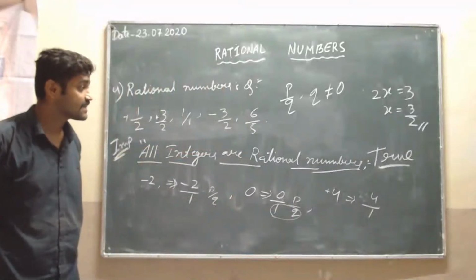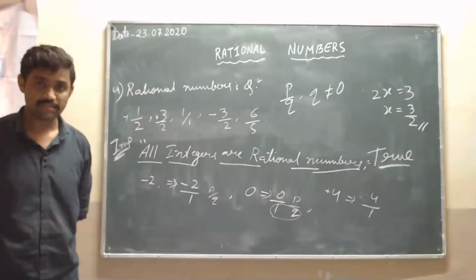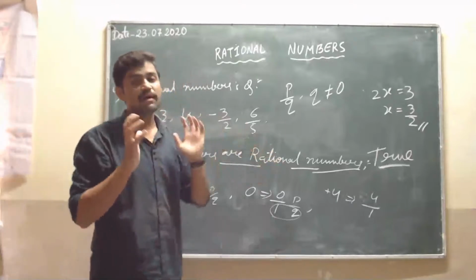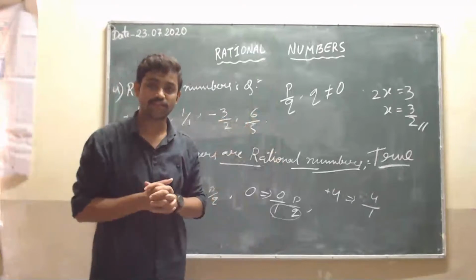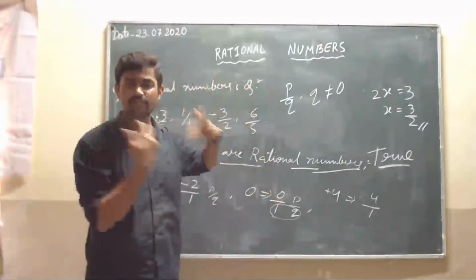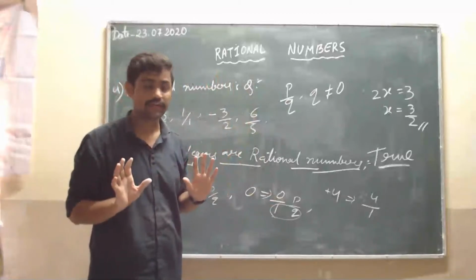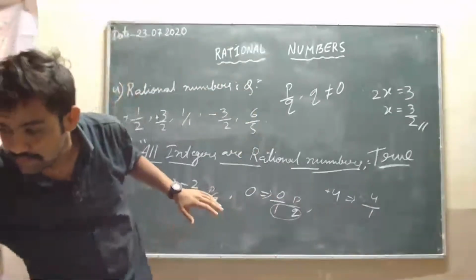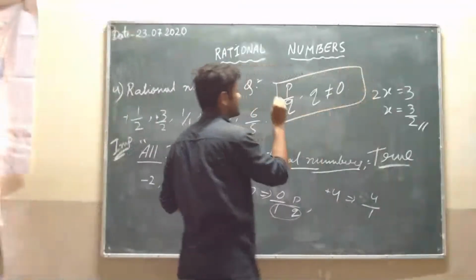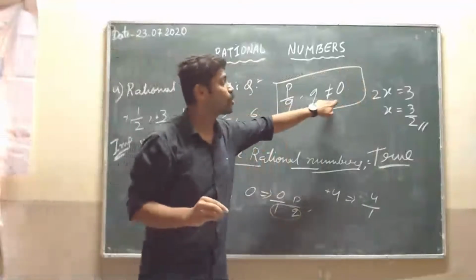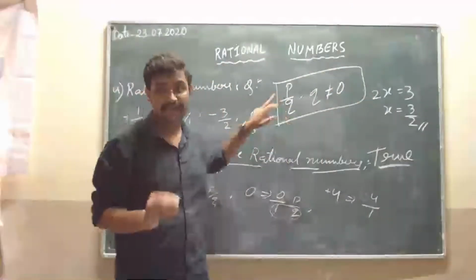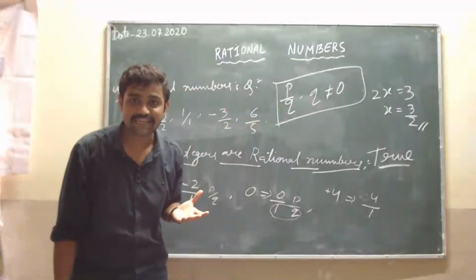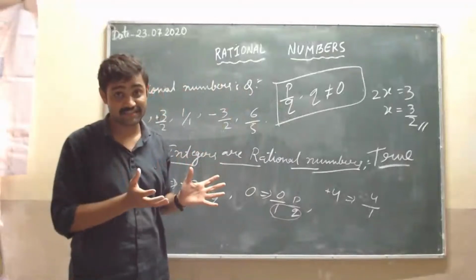However, you have to concentrate that the rational number should be in the form of p by q. P, whether it is 0, don't worry, but q should not be 0. This is the general form of a rational number, and q should not be equal to 0. And we denote rational numbers with q. Why, sir? Because rational numbers are expressed as quotients or fractions. Okay?